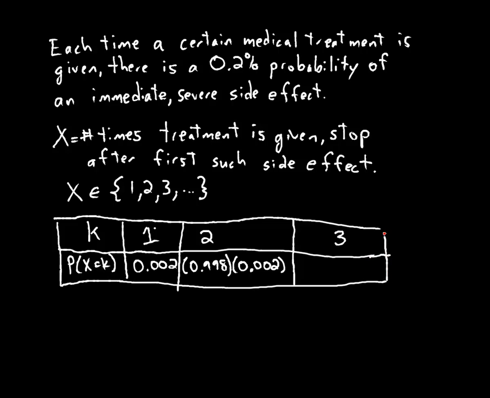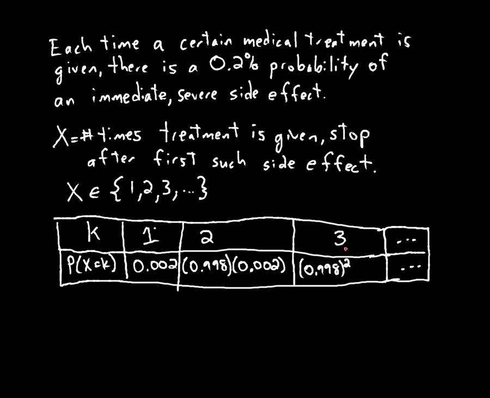And I'm going to look at one more so that we'll see the pattern. And I'll just let my chart stop there. We'll put dots to show that it continues on. Okay. What's the probability that I give 3 treatments and then I stop? Well, that means the first 2 treatments did not result in the side effect, and that happens with probability 0.998 squared.